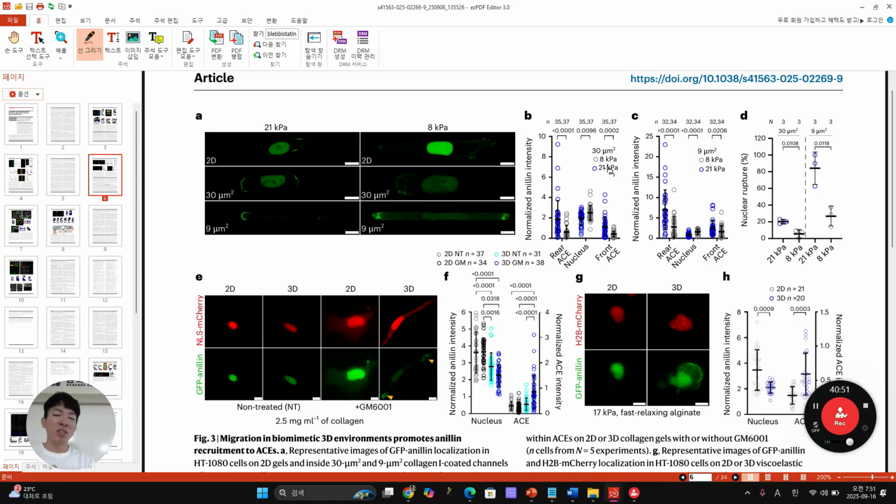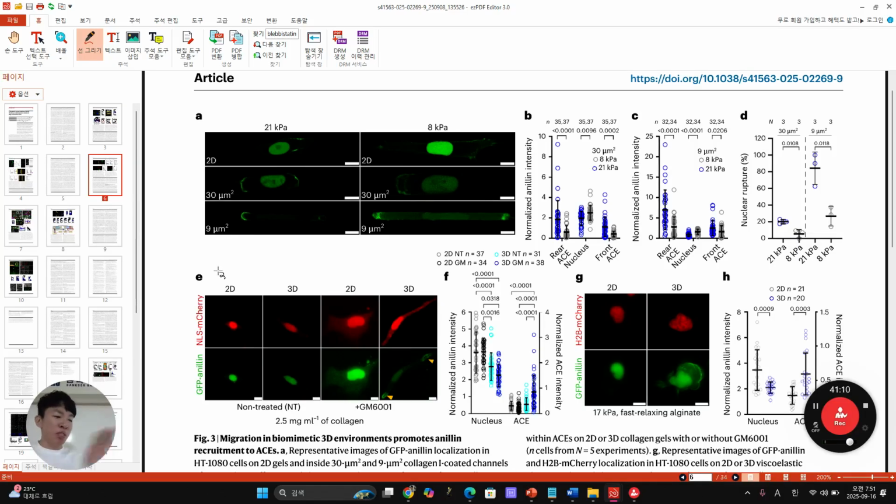Which means that even though they migrate in a certain area, when the general stiffness is enhanced, the ACE is more deposited. Can you imagine why? Because they need more power. They need more power to migrate.